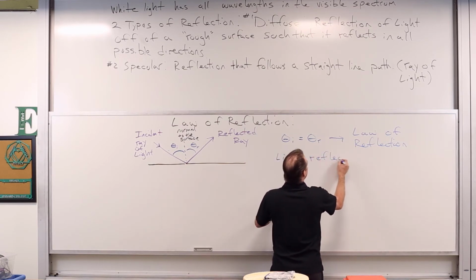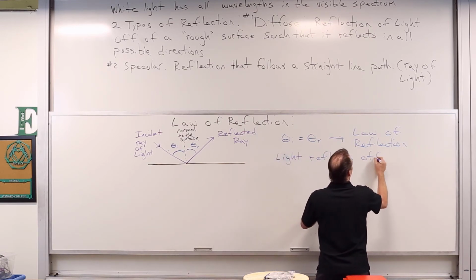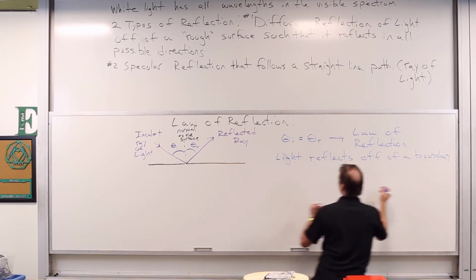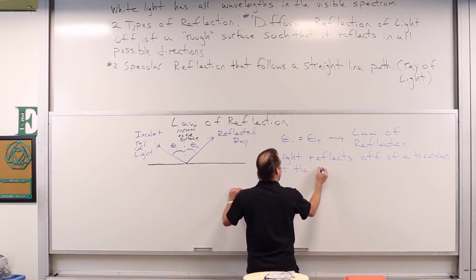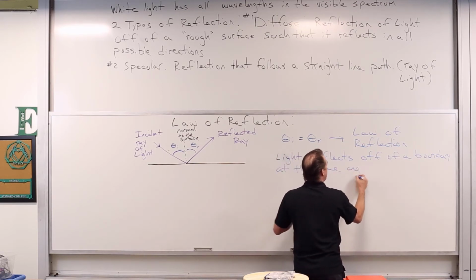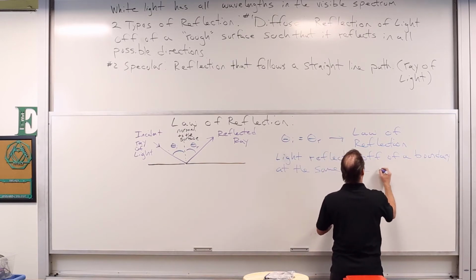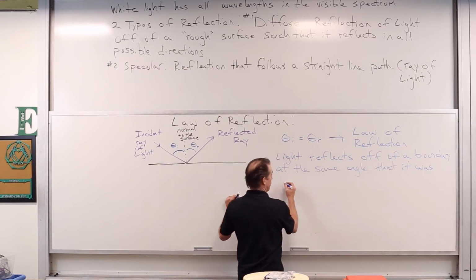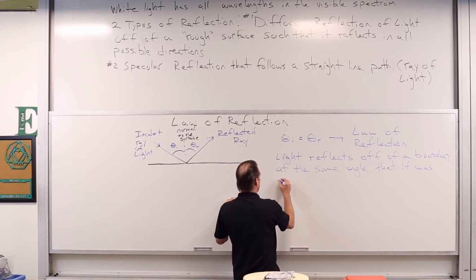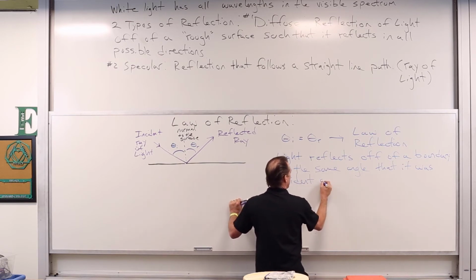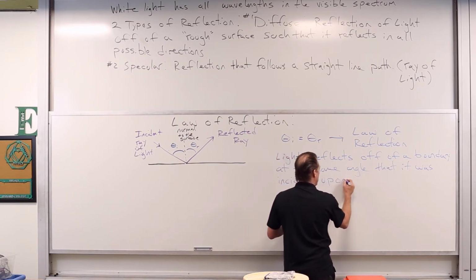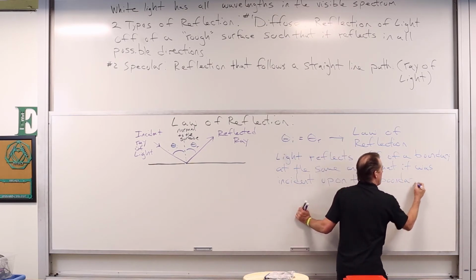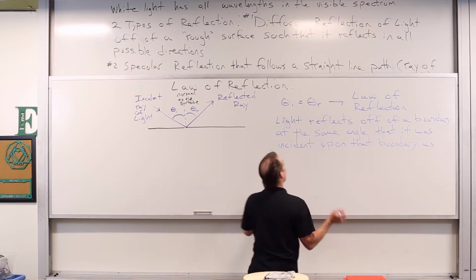Light reflects off of a boundary at the same angle it was incident upon that boundary, as measured relative to the normal of that boundary.